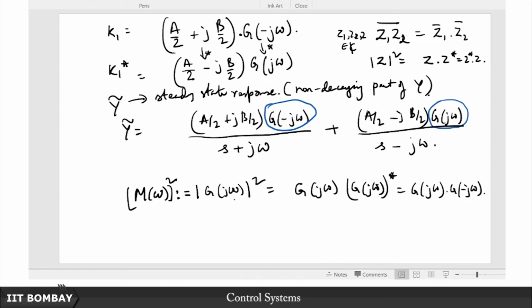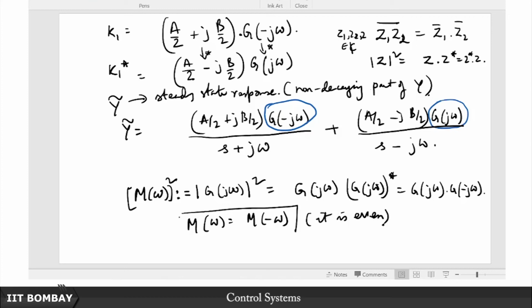We will later see this in more concrete terms, why we call it so, but at this point you might notice that M omega is equal to M of minus omega, which means that it is even. It is straightforward to see here: you replace omega with minus omega, so you get g of minus j omega and g of j omega. So it is an even function.